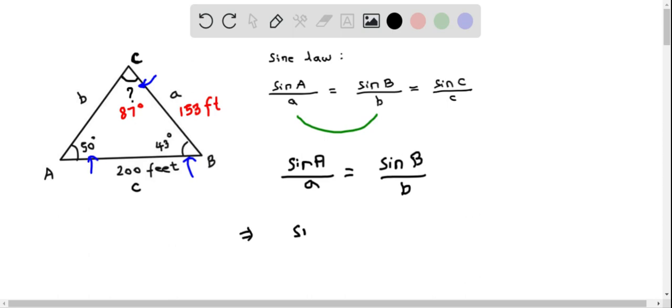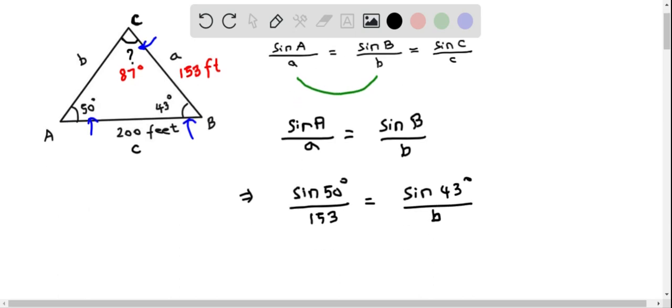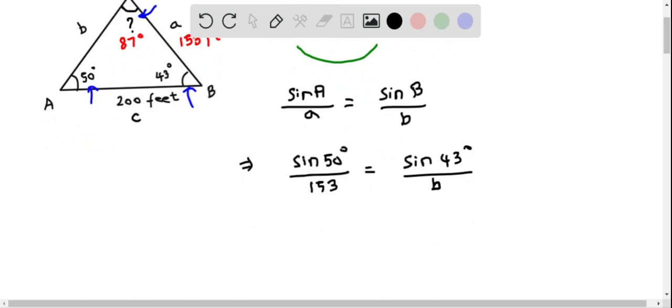So we get sine of angle A, once again 50 degrees, over A. We have just found that to be 153 feet, and this equals sine of B, which is 43 degrees, over B, which is an unknown quantity here.